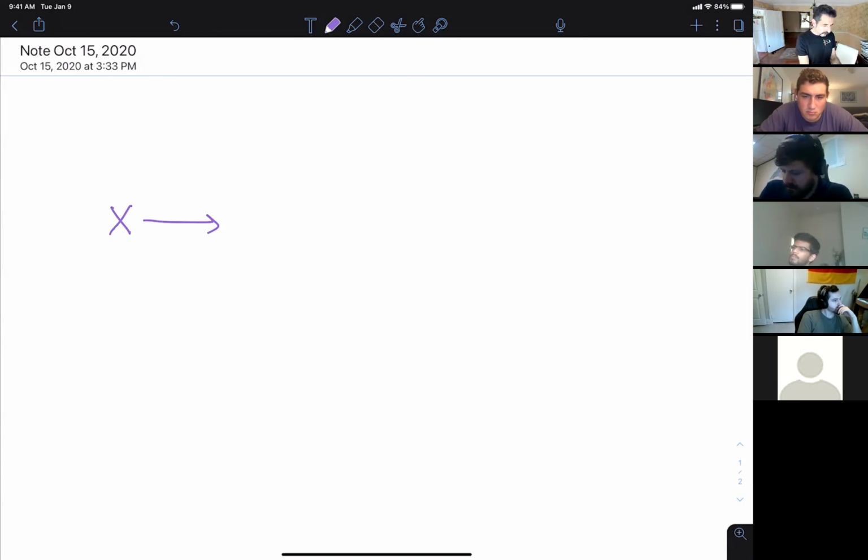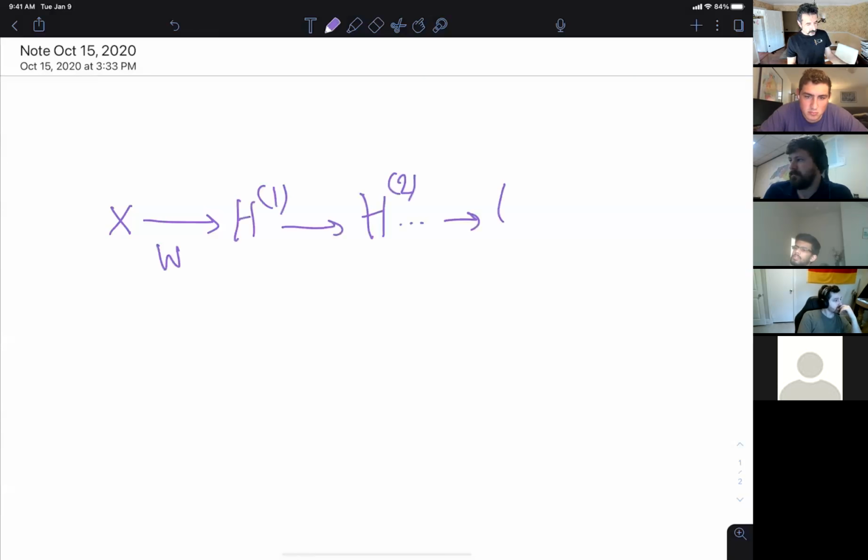To produce some hidden layer, and then you have maybe some more hidden layers and so on. And then you produce your loss, okay?